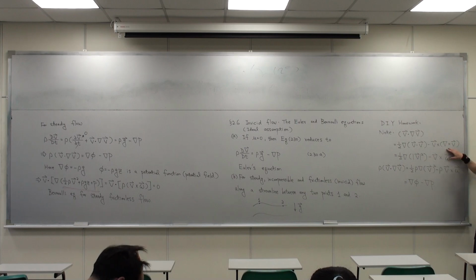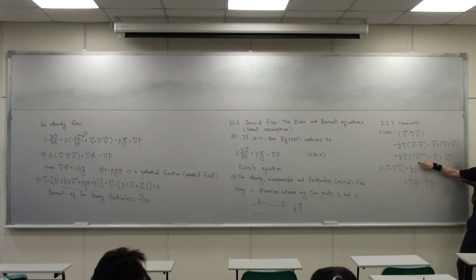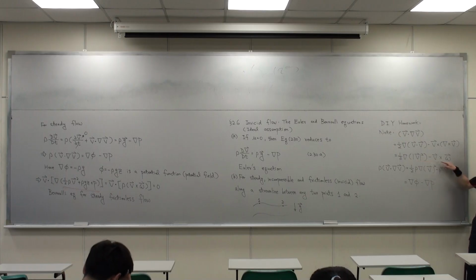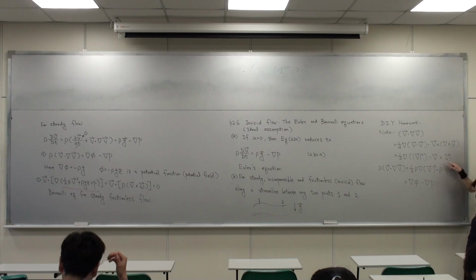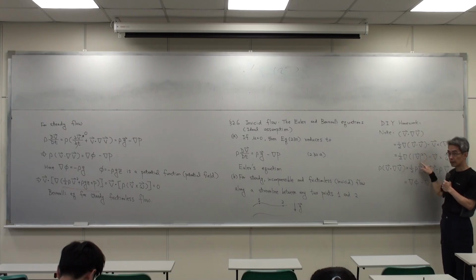Then you can see this is rewritten as the kinetic energy squared, and another term is the cross product of vorticity and velocity. This is a gradient, the same as potential energy and pressure.